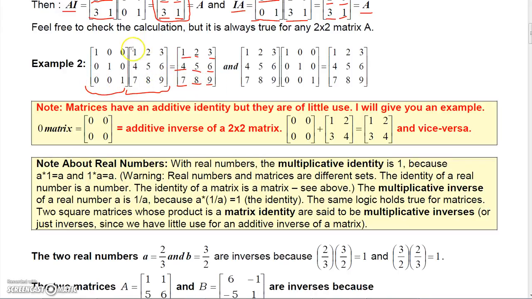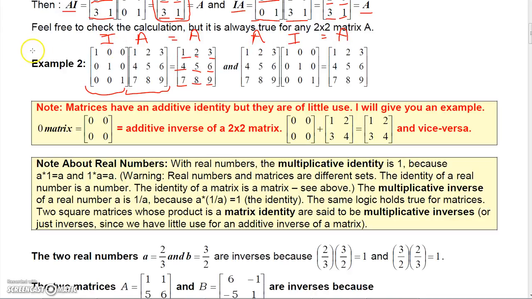So you can see that when I multiply the identity times this matrix A, the result is simply the matrix A. And then if I turn it around, and you can verify this one if you want, A times I, you're still going to get the matrix A back.